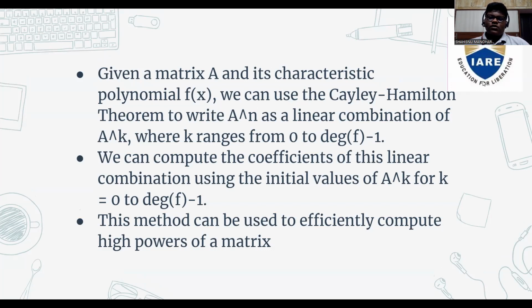We can compute the coefficients of this linear combination by using the initial values of A to the power k, for k equal to 0 up to the degree of the characteristic polynomial minus 1. This method can be used to efficiently compute higher powers of the matrix.